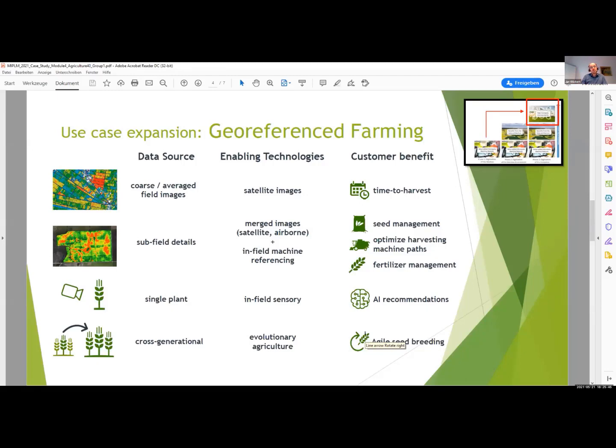So we can create what we call agile seed breeding. And here we have left the unitary approach of one company and have linkages to other companies and industries, for example the seed industry, the machining industry, or the fertilizer industry.